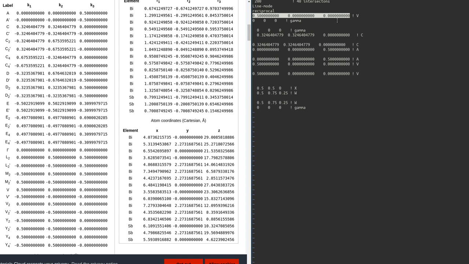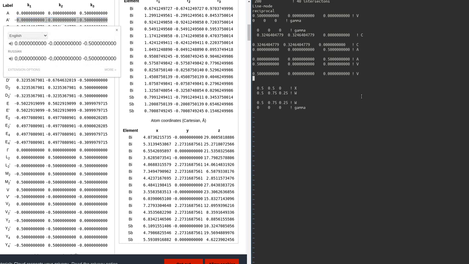And let's add another line. I just wanted to calculate from V to minus 0.5, and it will be with a dash.